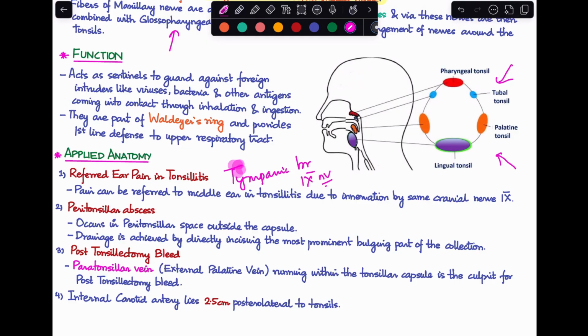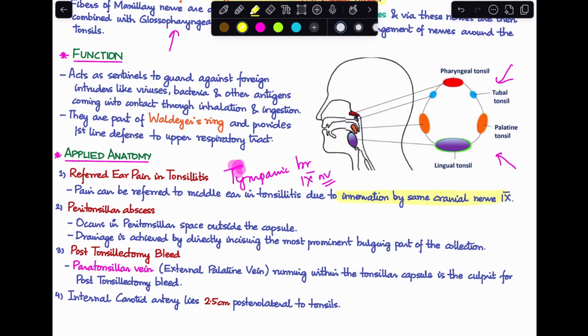So you can see how the tonsil and the middle ear have a common nerve supply coming from the glossopharyngeal nerve. And that is the reason why there is referred pain in the ear in cases of tonsillitis, because of the same innervation by the same cranial nerve.